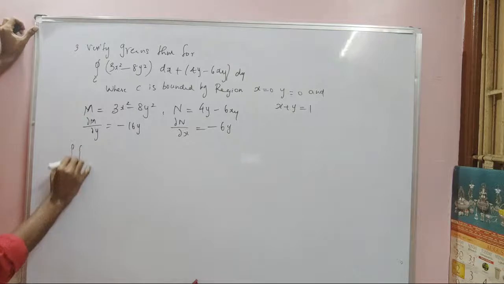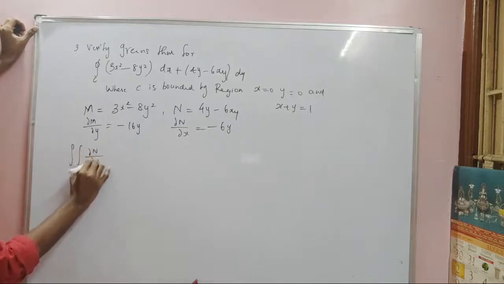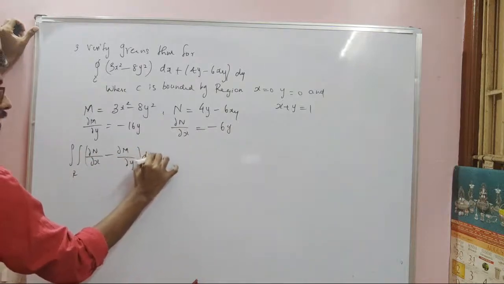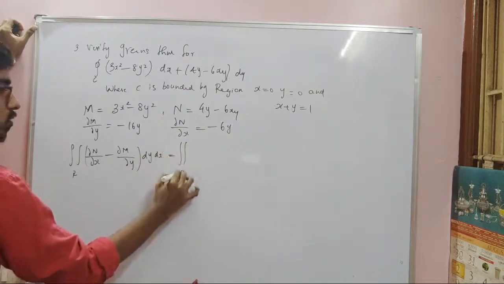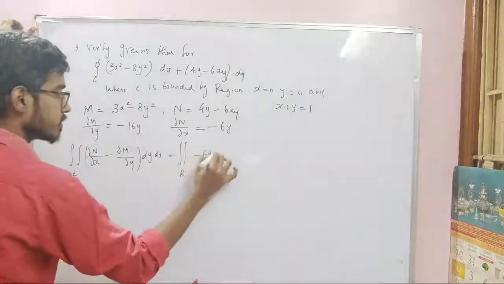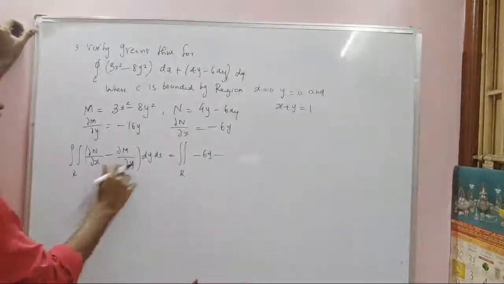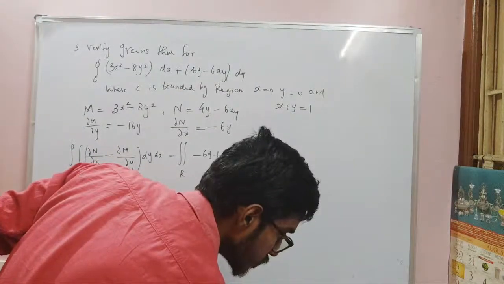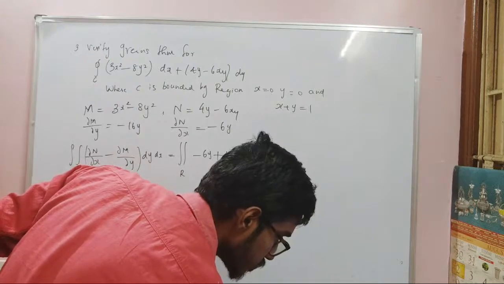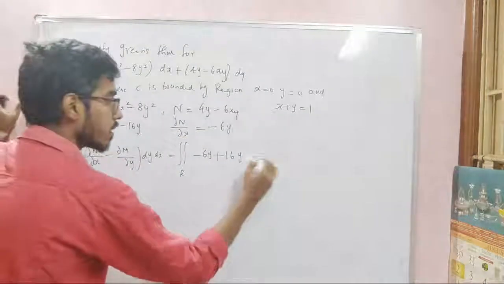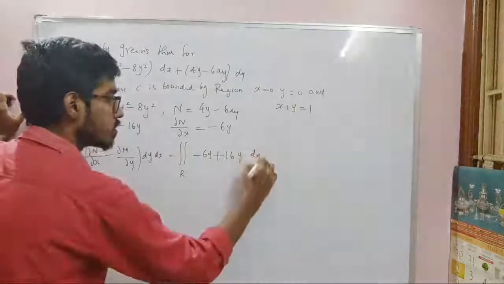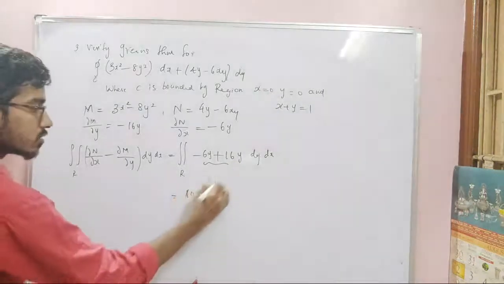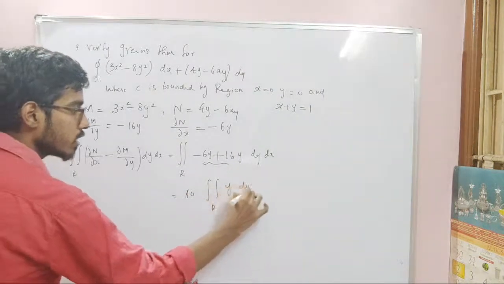Now we need to find the integral over R of dou n by dou x minus dou m by dou y, dy dx. Dou n by dou x is minus 6y, minus dou m by dou y, this will be plus 16y. So this is nothing but 10y, I can take 10 outside: 10 times the double integral over R of y dy dx.